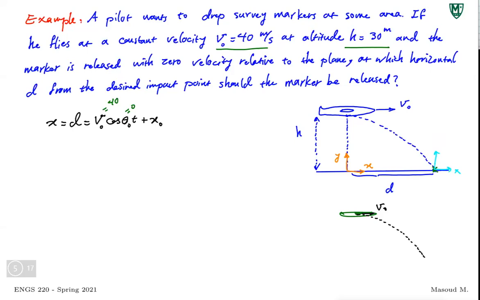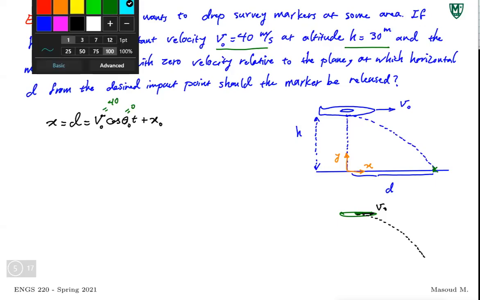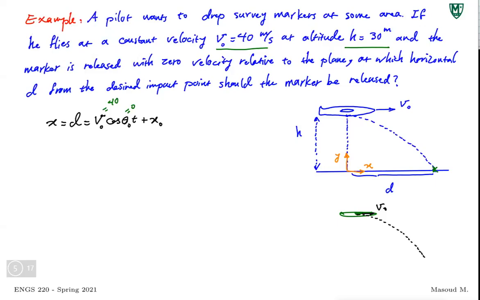You could put x and y here, and then say, well, x naught is minus d, and x is 0, since I put the coordinate on the orange spot. If you didn't follow what I just said, that's fine. Don't be too worried about it. So this is 0 because the motion starts right here, and the x component for the position is 0.